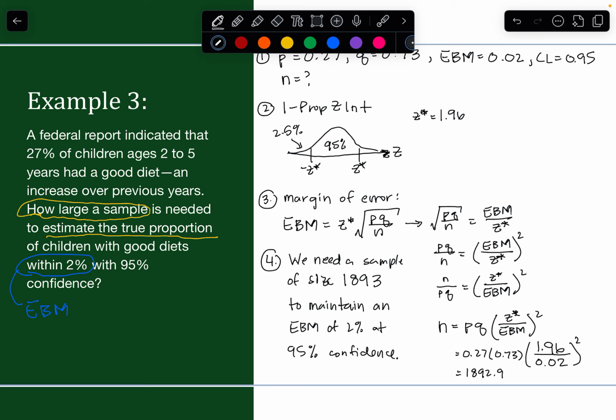I'm taking that decimal value for sample size and rounding it up. I always would rather have a larger sample than a smaller. And then just writing a sentence to say what that sample size was for.